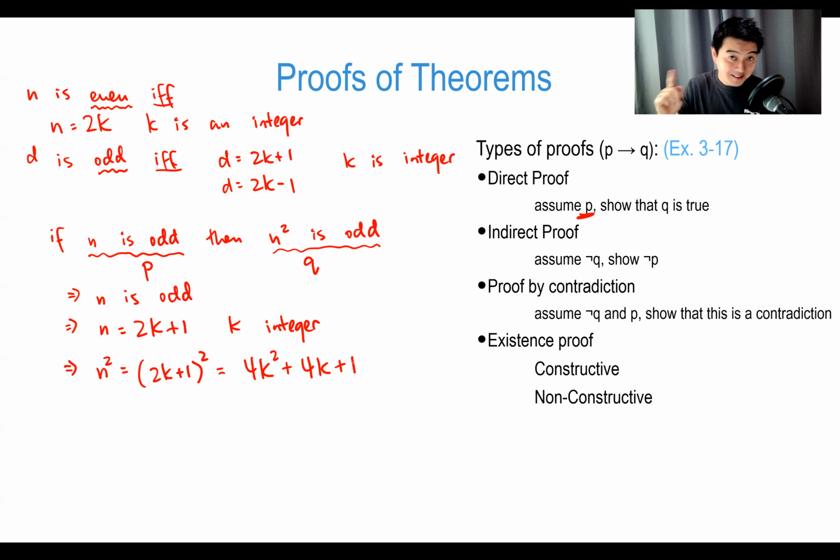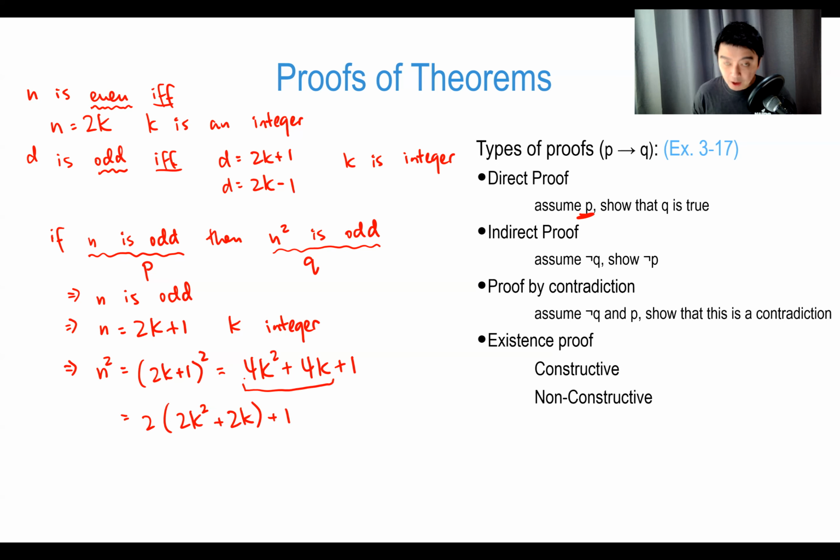Okay, so that third statement is also true. What else is true? Well, 4k squared plus 4k can also be written as follows: 2 times (2k squared plus 2k), plus 1. Notice I factored a 2 out of here.